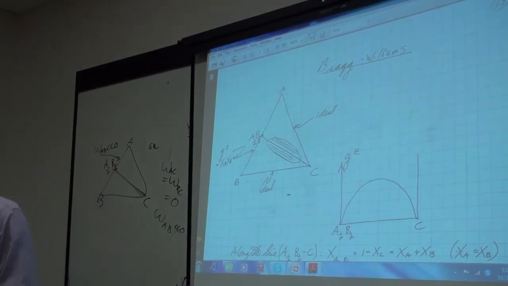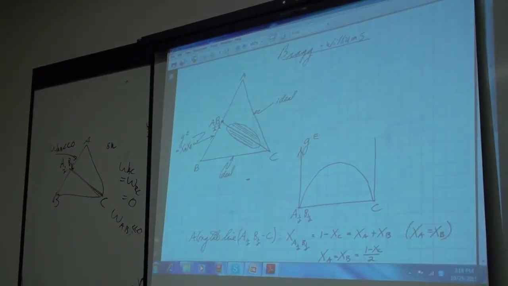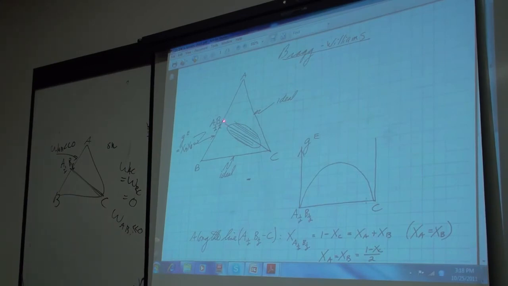And they're all constant, so it's Bragg-Williams. I go along this, so I'm drawing G excess now going along that line. This is the excess Gibbs energy going from here to here. I place this end at 0 at A1/2, B1/2, and I just calculate the excess Gibbs energy along that line.